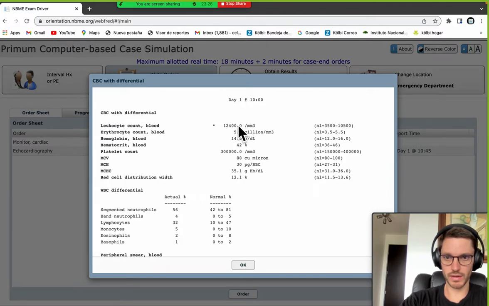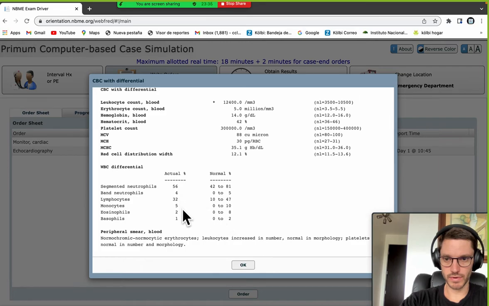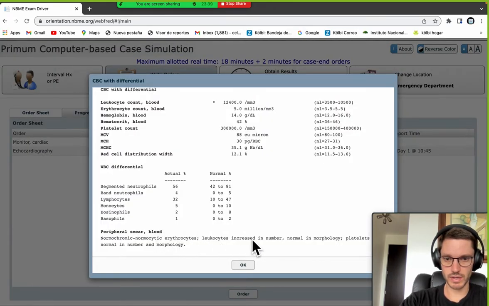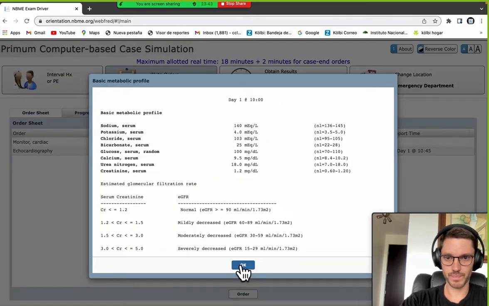12,400, a little leukocytosis, no anemia, platelets fine, differential nothing special. Normochromic, normocytic, leukocytes, yeah, leukocytosis, okay. Sodium, okay, all of these seem okay.